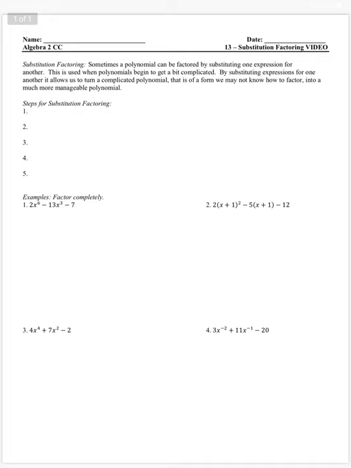Okay, so your steps for this: the first step, you are going to look at the middle term to substitute. Second step, once you look at the middle term, you're then going to write a let statement and substitute that new variable.